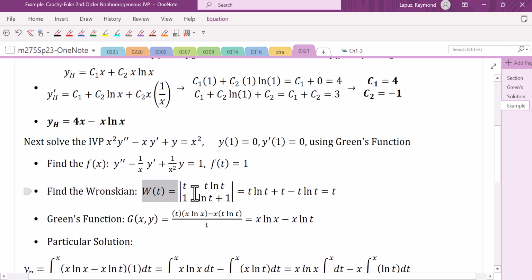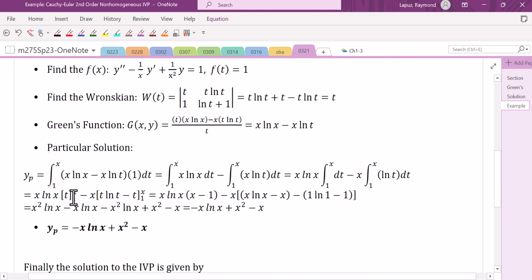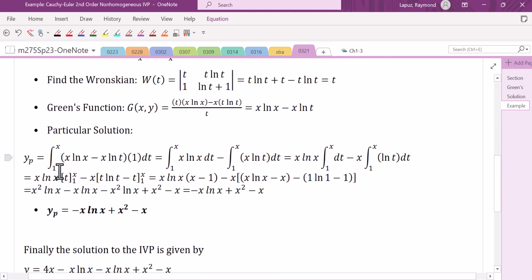So we find the Wronskian, which is part of Green's function. Green's function has this expression where the Wronskian's in the denominator, and you're using the y1 and y2 solutions that we got from the homogeneous portion. And then we integrate from the initial starting point to the variable x, and we're integrating with respect to t.